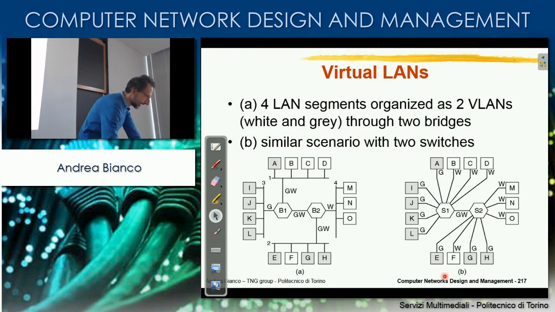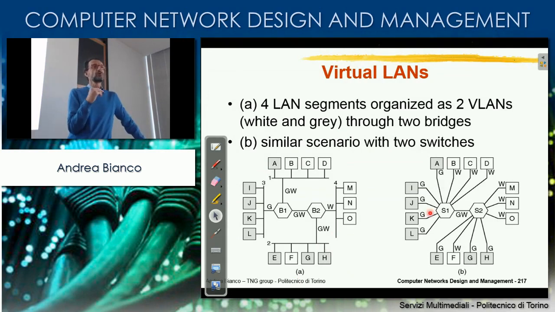And you see here that we are partitioning our LAN in 2 logical VLANs by assigning to the gray nodes a given ID. Suppose this ID represents the color. And to the white nodes, another VLAN ID. We can do that both on the left-hand side and on the right-hand side.